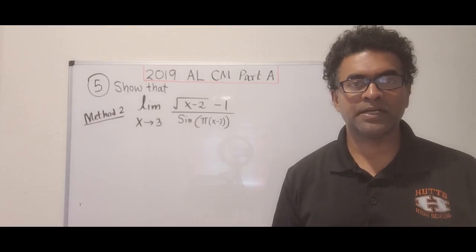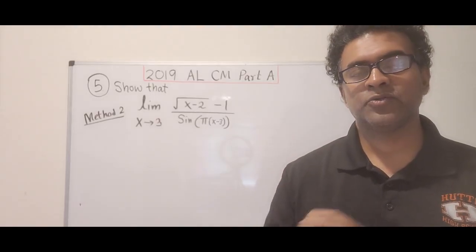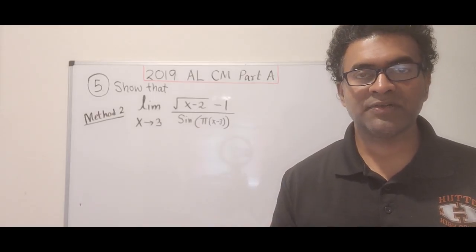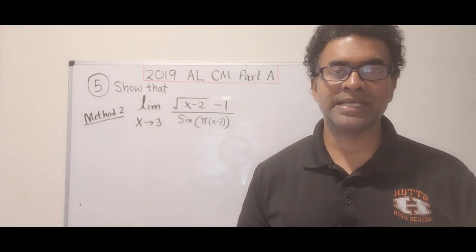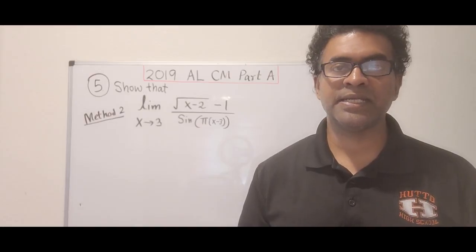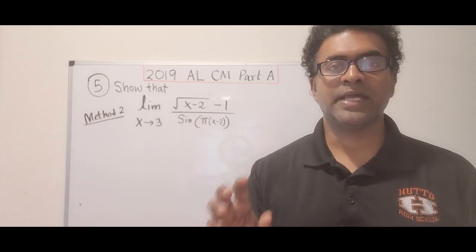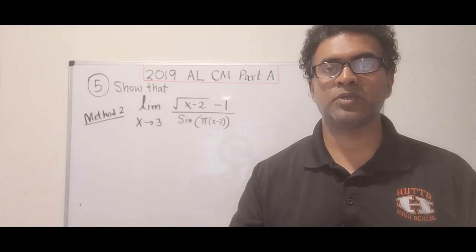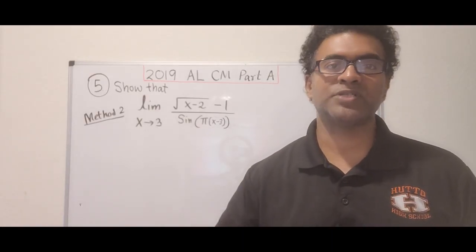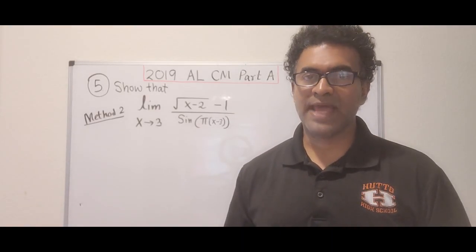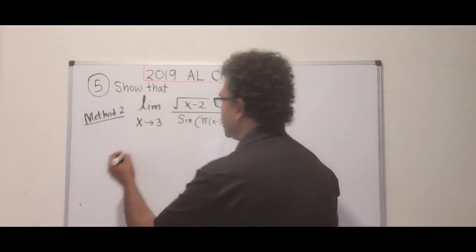As you know, in L'Hopital rule, you look at the given ratio, you apply the limit, and usually if it's undefined or indeterminate, what you can do is take the derivative of the numerator and the denominator separately, and then apply the limit to that new ratio, and that's usually going to give a defined value. If not, you repeat that process again and again. So that's the method I'm going to use as the second method, L'Hopital rule.